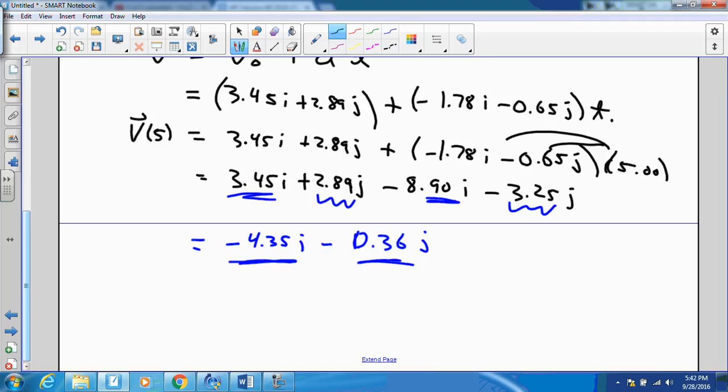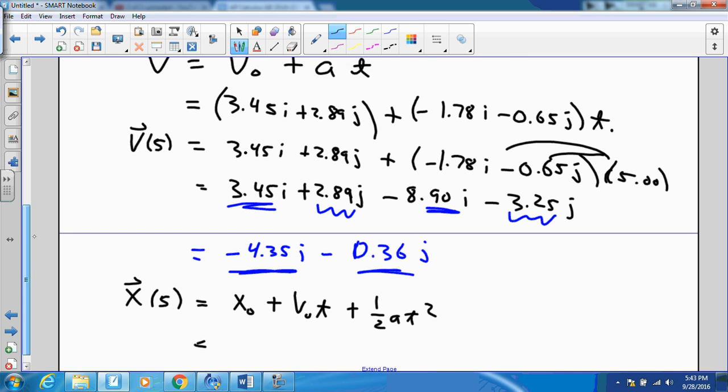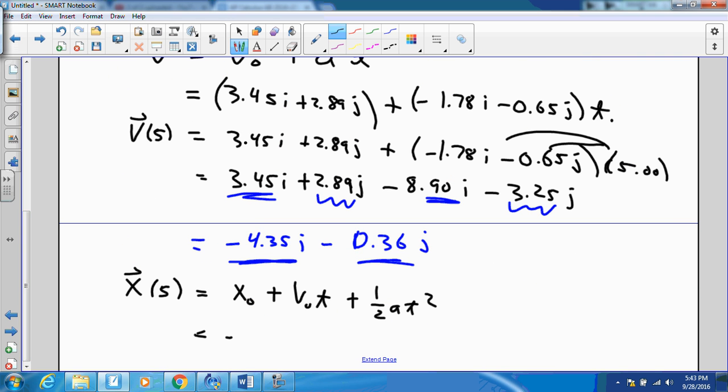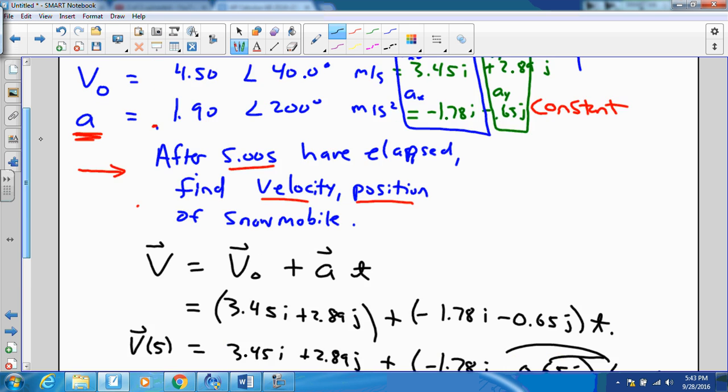We do the same kind of thing for the position at 5 seconds. We use our previous solution to the differential equation. r of 5 is going to be equal to r0 plus v0t plus 1/2 at squared. And we now plug in all of those components.